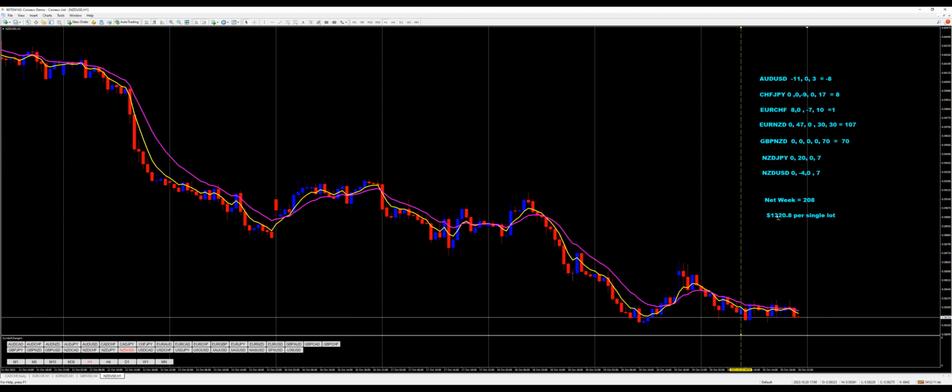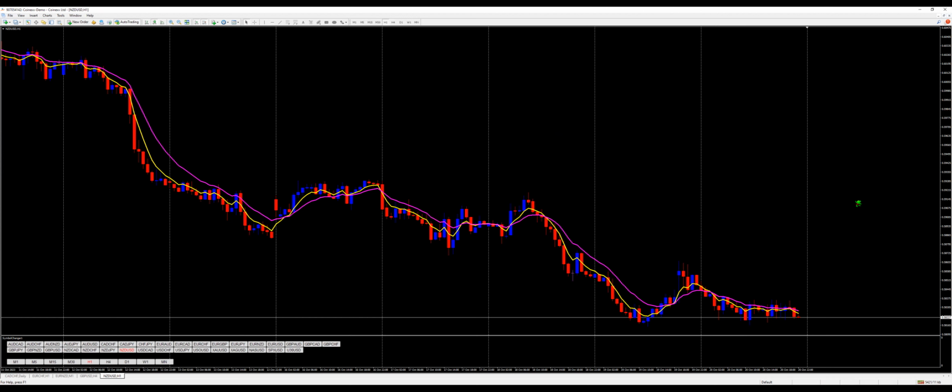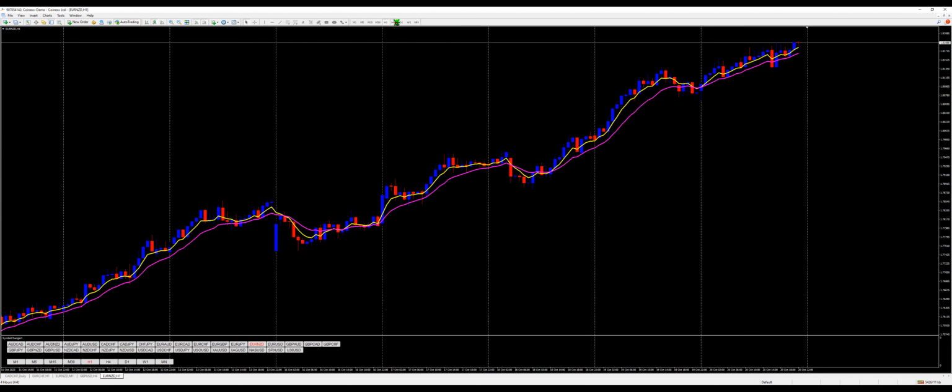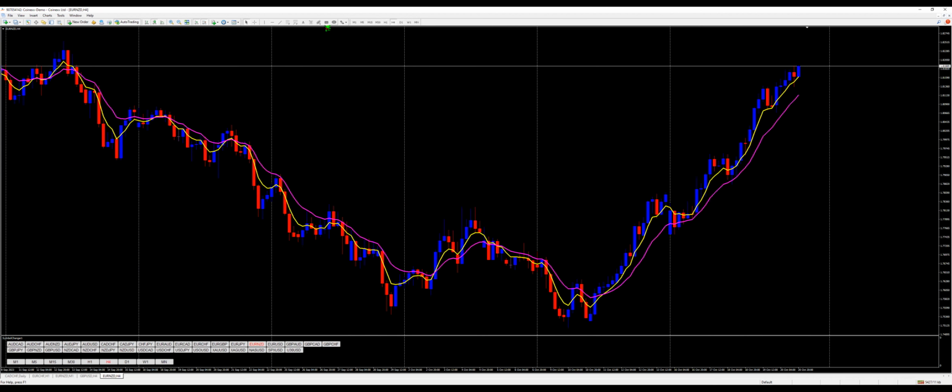Now, if I'm just chasing one pair, right? Here's what I would do. So Euro NZD is just starting out, for example, and it's a long trade. And I look at the 4 hour, and let's go to daily.